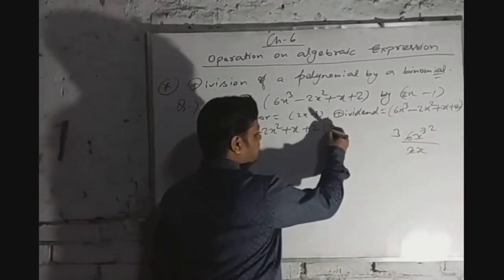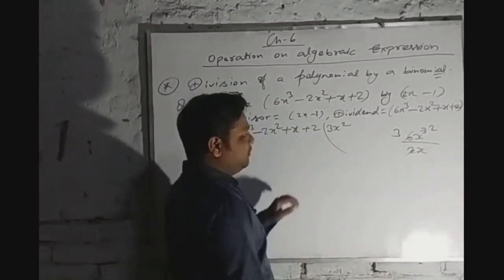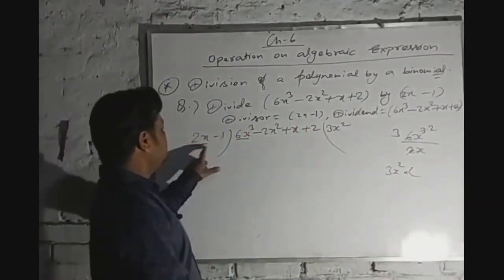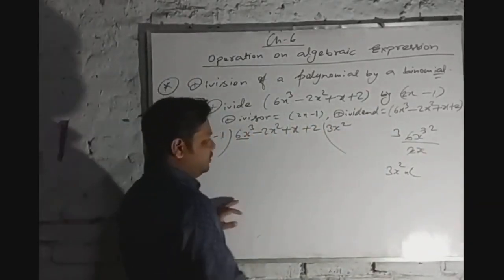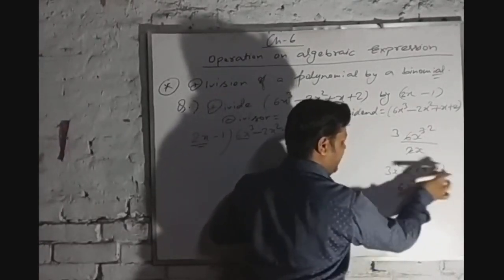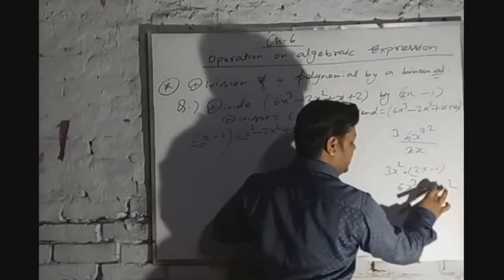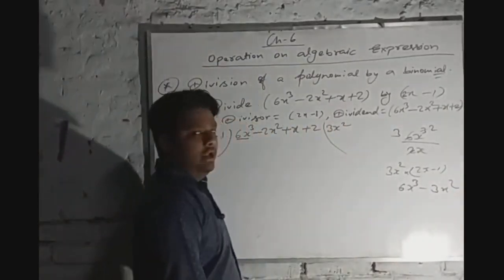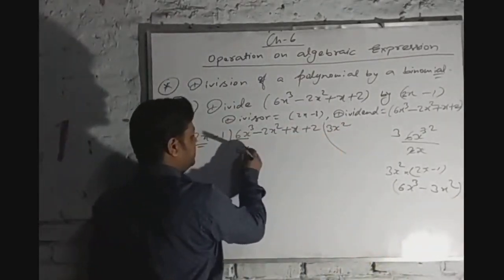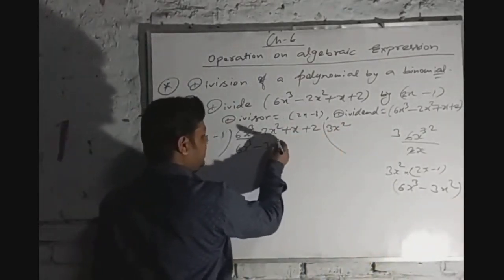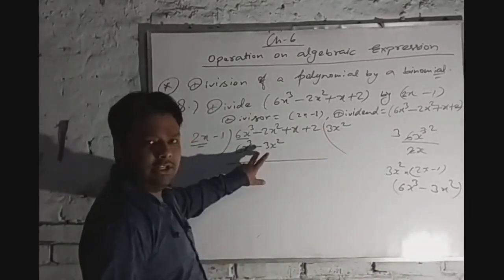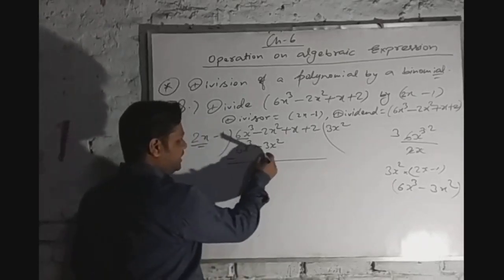Write 3x square, and multiply it with the divisor 2x minus 1. Then it will be 6x cube minus 3x square, which we write here. Now we change the signs: plus and minus.